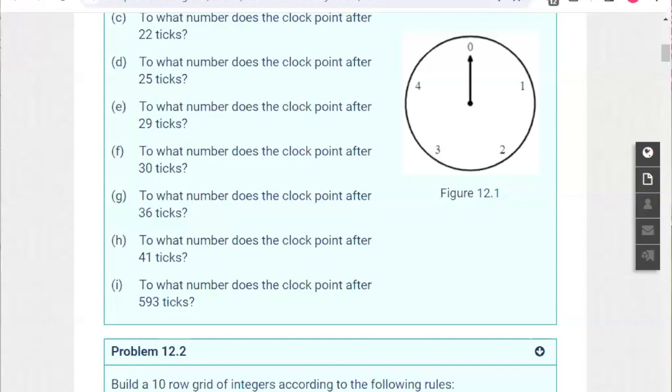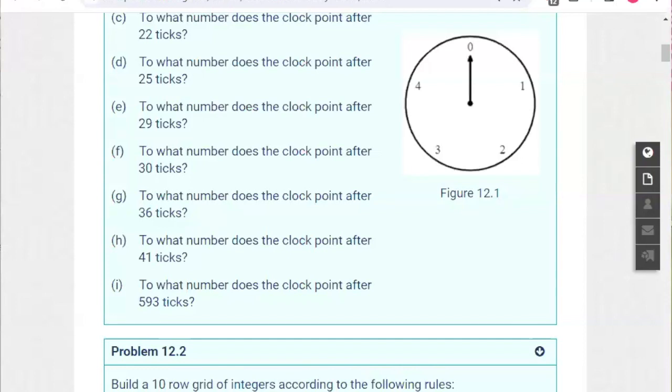I can get closer. Six wasn't enough. What's more than 6? 7. 7 times 5 is what? 35. Plus how many to get to 36? 1. So what column will it be in? Column 1. There we go.